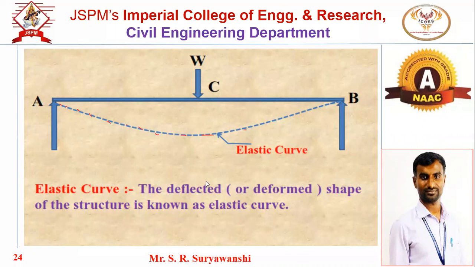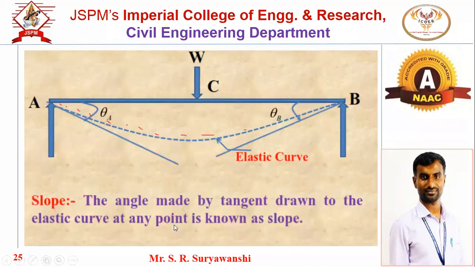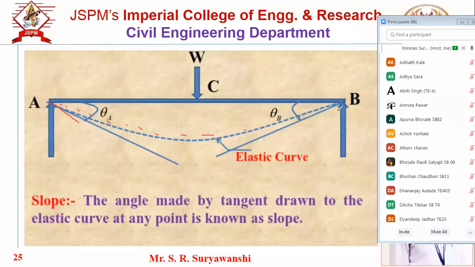If this is the deflected shape or the elastic curve, and if I draw the tangent from point A as well as from point B, then the angle made with respect to the longitudinal axis of the beam, that angle is nothing but the slope.